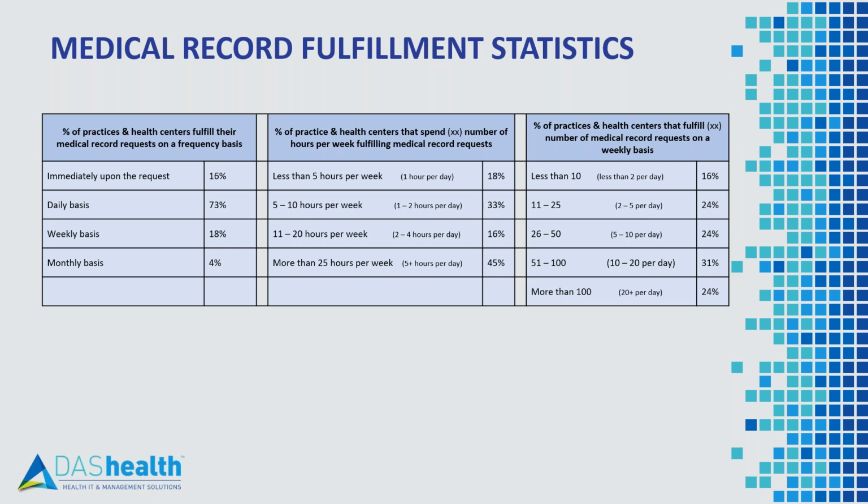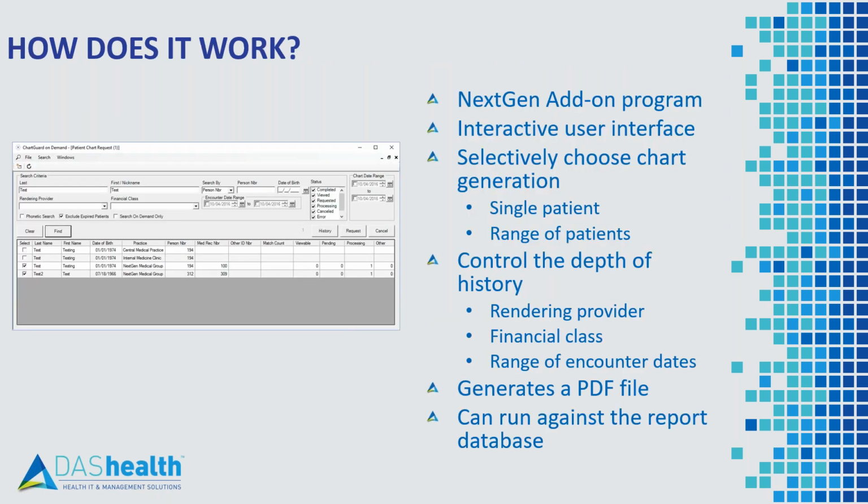And the right-hand box is about the volume of medical record requests the organization fulfills on a weekly basis. As you can see here, it's kind of evenly distributed across the 5 categories. Compare that to the responses that you gave just a couple minutes ago. You can see how you fit within these statistics as well. Just a point of interesting information I thought to share with everybody.